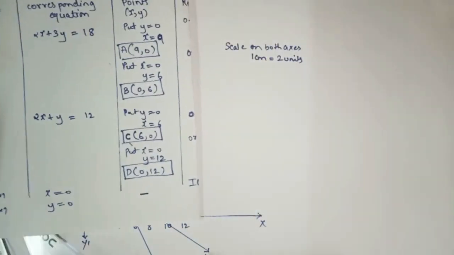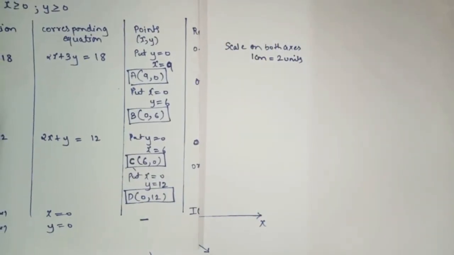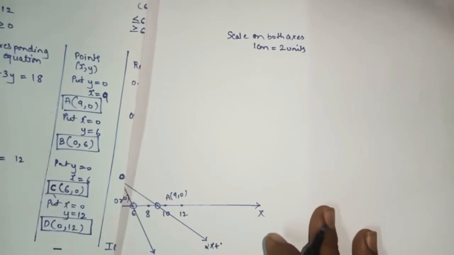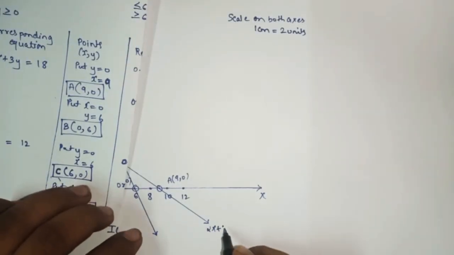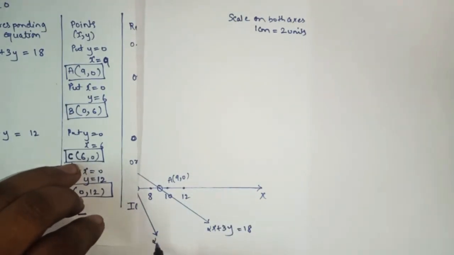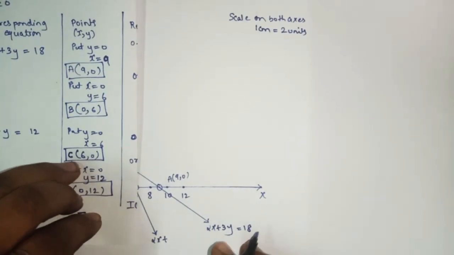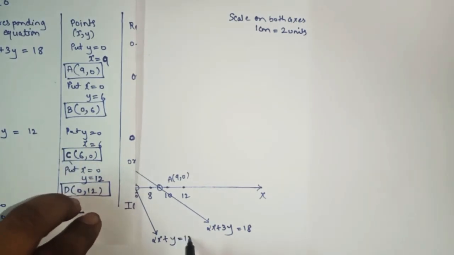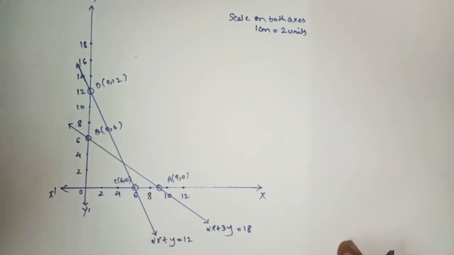Okay, so this is your equation number 1, that is 2x plus 3y equals to 18, and this is the second equation, 2x plus y equals to 12.